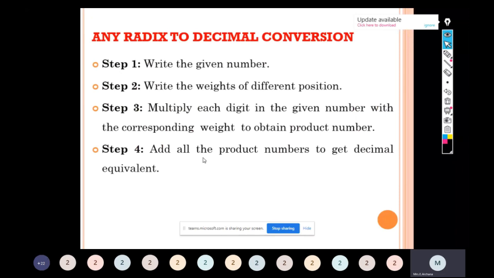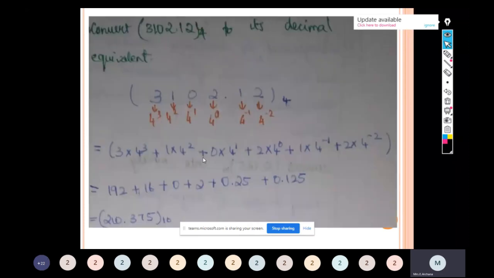Second step, we write the weight of different positions. Then multiply each digit in the given number with the corresponding weight to obtain the product number. Then we add all the product numbers to get the decimal equivalent.